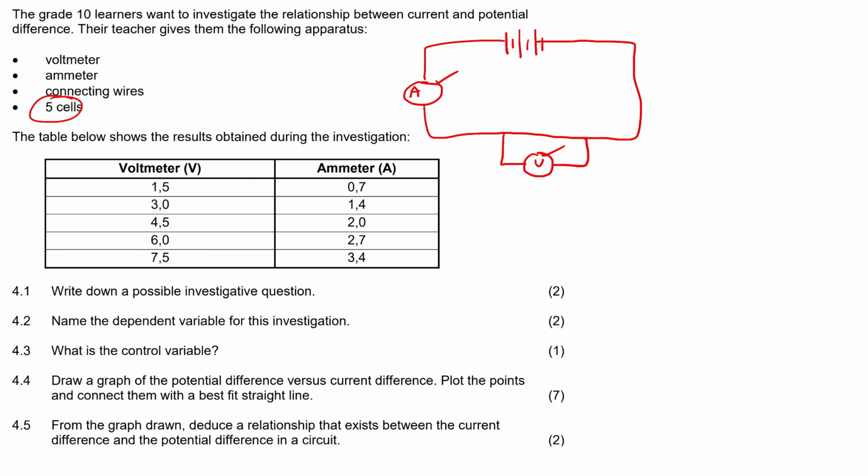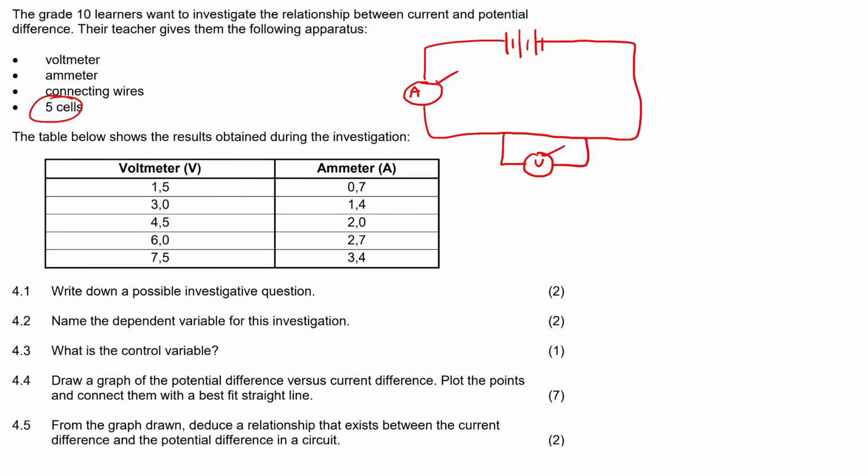So what could an investigative question be? Well, for example, you can see that these numbers are pretty structured, right? So these are the ones that the learners were changing. They were adding 1 cell, then they added 2 cells. Then the ammeter reading, you can see that these numbers are pretty random.